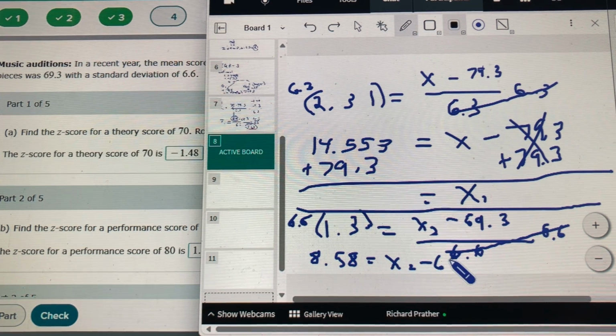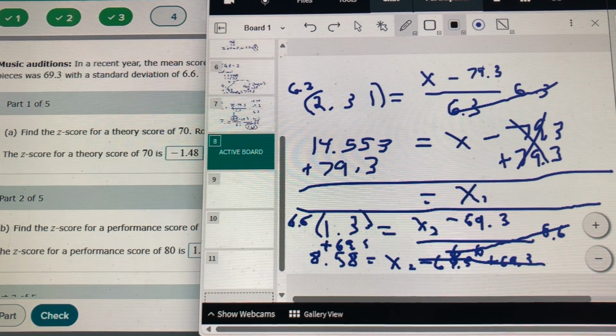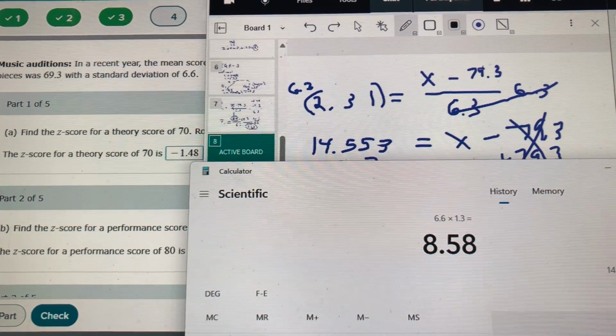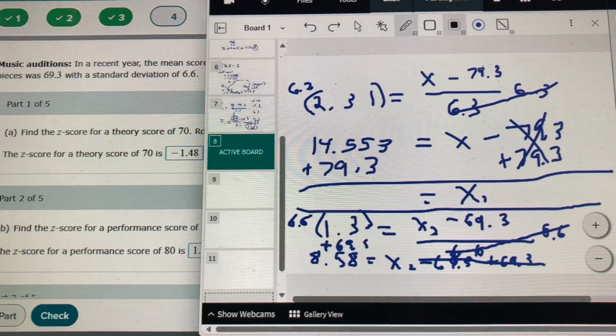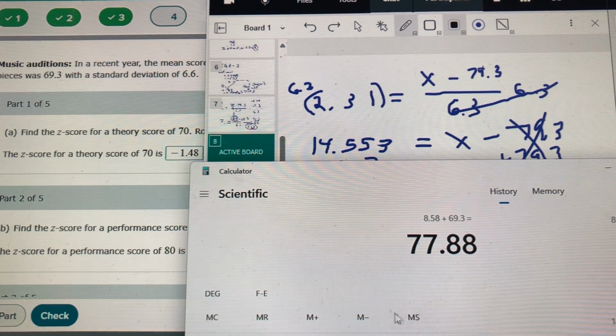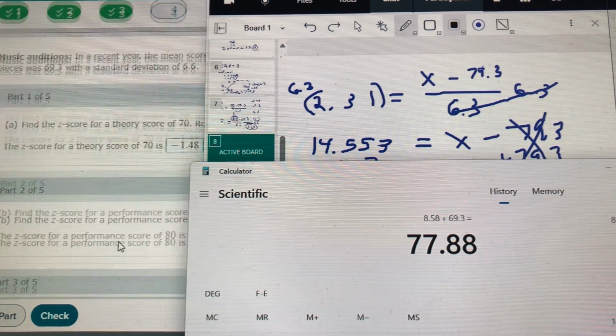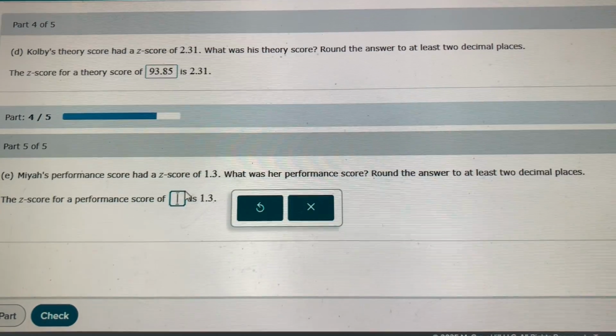And then because it's minus 69.3, you want to add 69.3 to both sides. If we add 69.3 to both sides, this will cancel out and get x by itself. So take this 8.58 and add 69.3. There's nothing to round here because it's exactly 77.88.